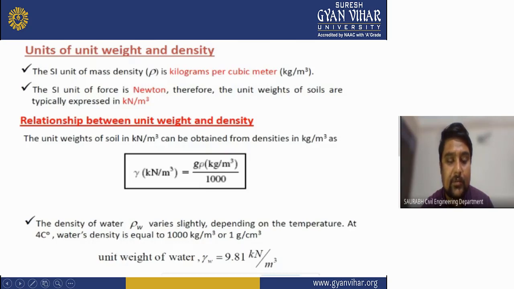And then the unit weight of water becomes 9.81 kilonewton per meter cube.